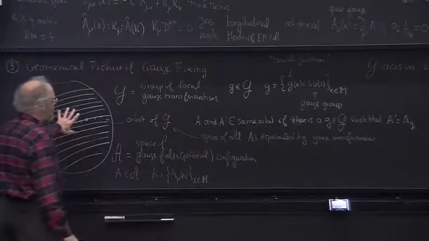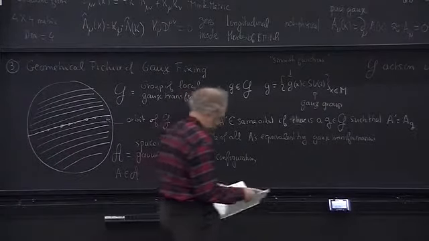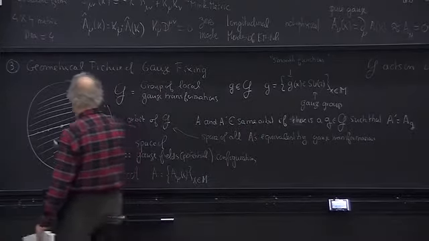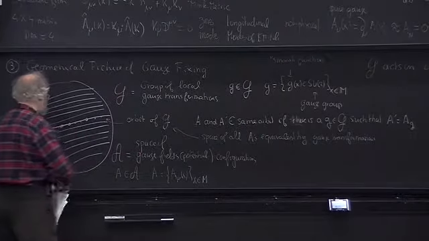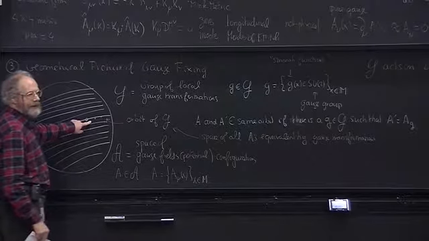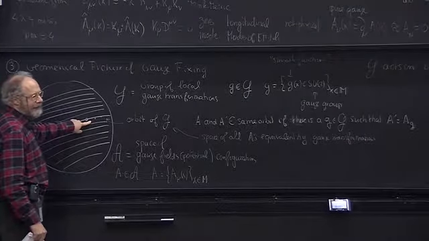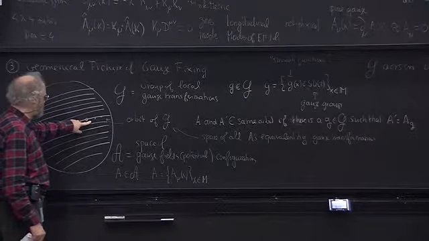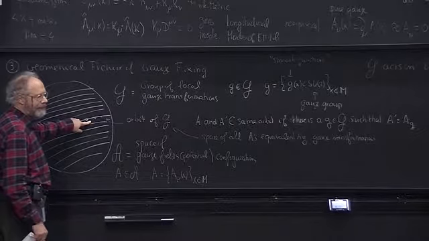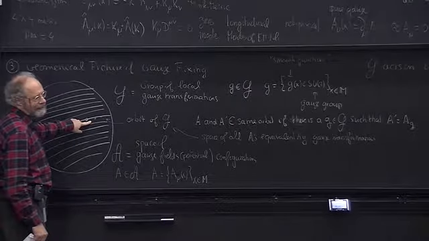Okay, so you have this picture. And of course, all gauge configurations in an orbit are equivalent by gauge transformations, so they must describe the same physical configuration of the field.